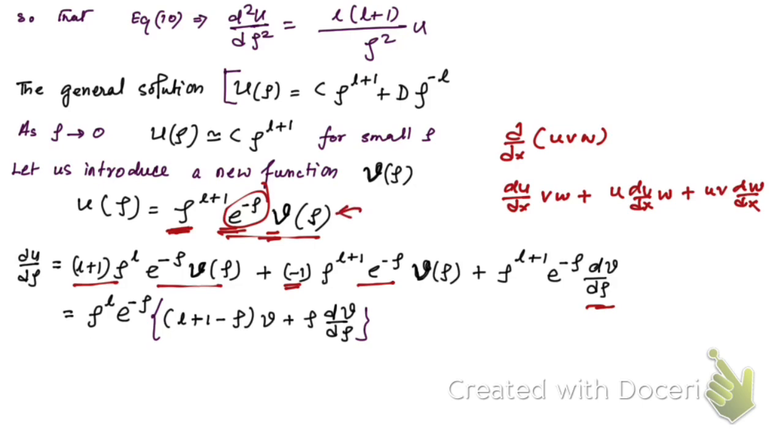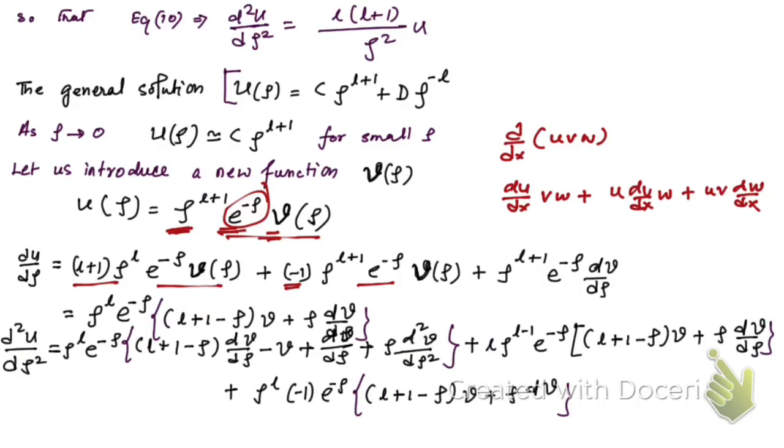Then we have taken this term common and we have got this. So again here you can consider this one as a product of three different functions. Then again if you apply this rule, you're going to end up getting this result. Let me show you.